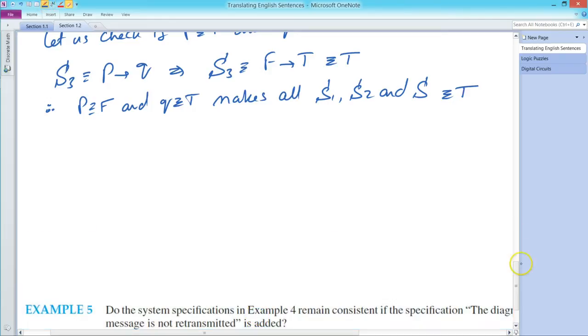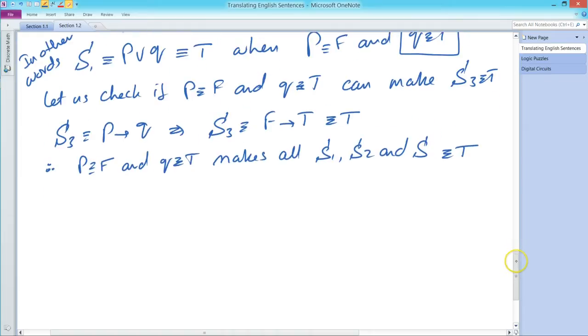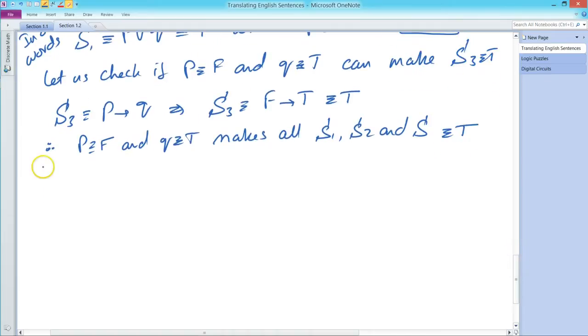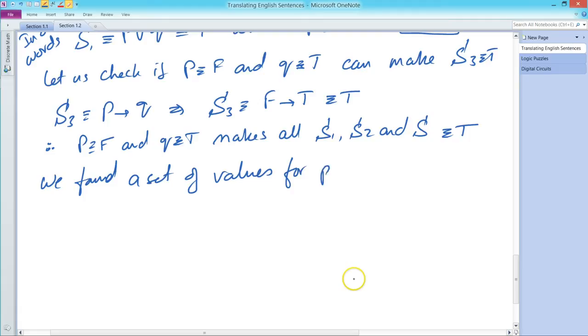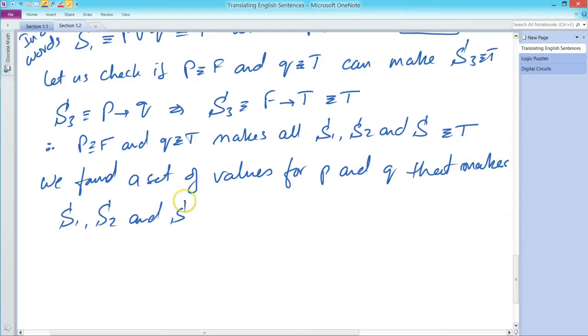So our answer needs to be complete, and the way to complete it, we can say we found a set of values for P and Q that makes S1, S2, and S3 all have the truth value of true.